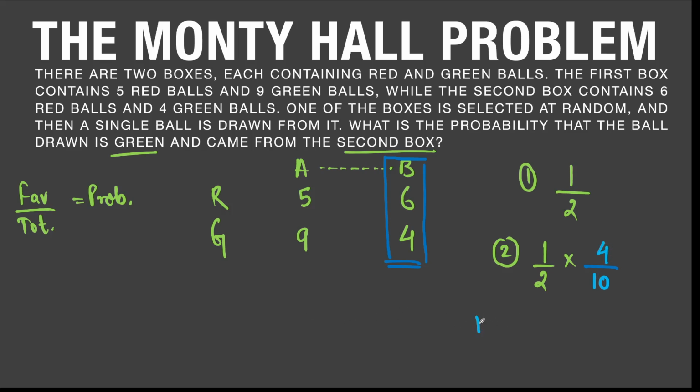So the final answer comes out to be 1 by 2 multiplied by 4 by 10, which gives me 2 by 10. So the probability is 2 by 10, or simply 20%. Good enough. So this is how you take 2 steps in the probability.